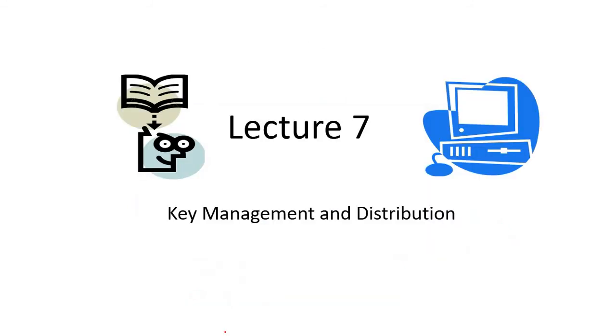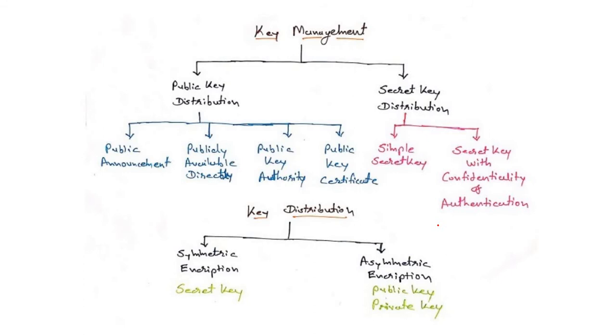Today we are going to discuss key management and distribution. Let's see what we want to discuss in terms of key management and key distribution. If we look at key distribution, mainly there are three parts. First one is symmetric encryption, which means we are using a secret key.